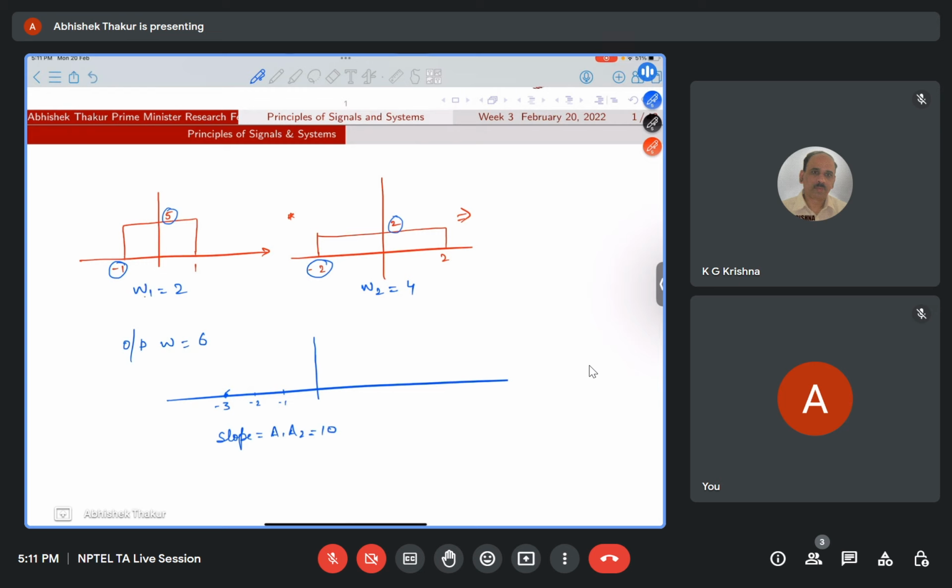And what is the duration of the lesser width pulse? That is 2. So it will increase up to 2. So that will be 10. It will go up to here, 20. This is 20. And after that it will become flat.